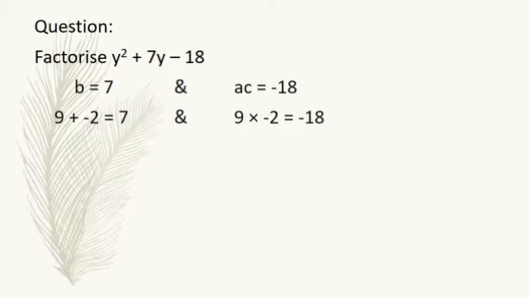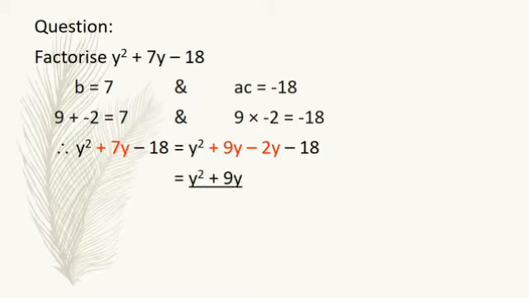Now we have to apply the grouping method. That is equal to y square plus 9y minus 2y minus 18. Split them into two groups. Y square plus 9y in one group and minus 2y minus 18 in another group.